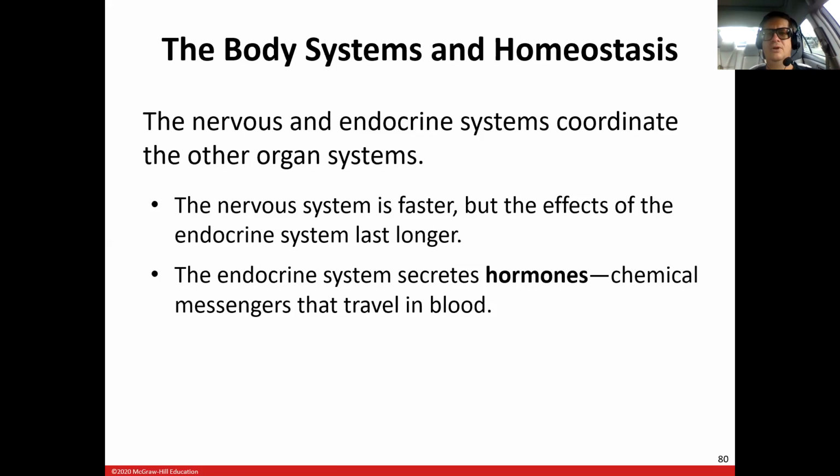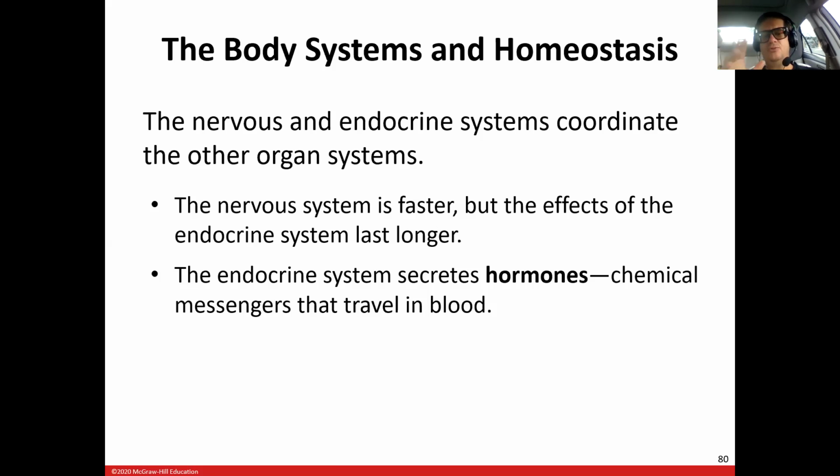Totally true. If you think about it, in the nervous system, we're moving electrochemical signals through nerves. They're fast, like electricity. You have a light switch. You turn it off, you turn it on. There's your signal. The endocrine system is a little different.